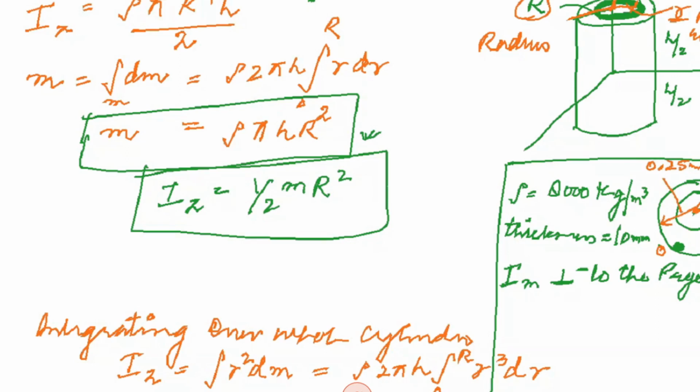Now here you have to find out the mass moment of inertia. I'll give you a hint. Firstly, you will find the mass moment of inertia of the outer circle, and then you will subtract the mass moment of inertia of the inner circle. Simple.